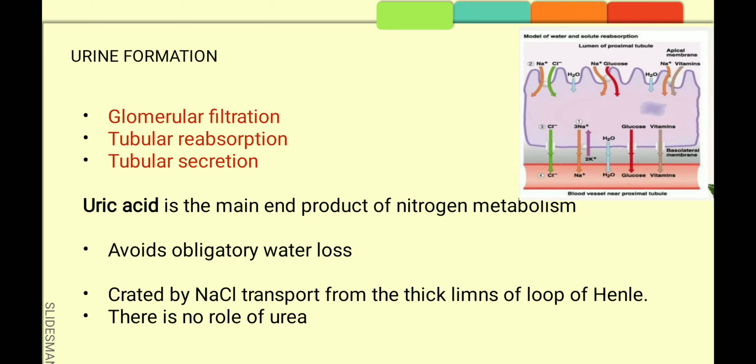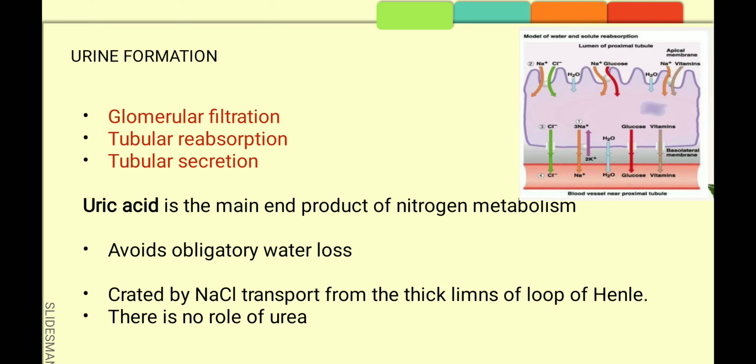This filtration involves small molecules like water, electrolytes, urea, glucose, amino acids, and etc. It does not involve the blood proteins or cells. The large amount of filtration is the result of the porous glomerular membrane and filtration slits in the visceral layer of the Bowman's capsule.